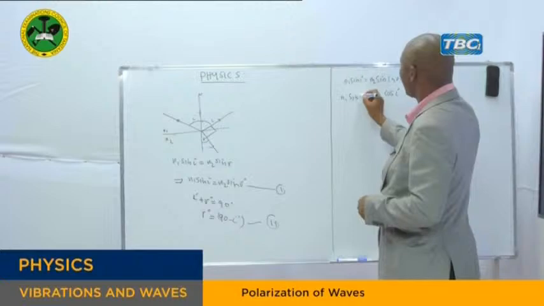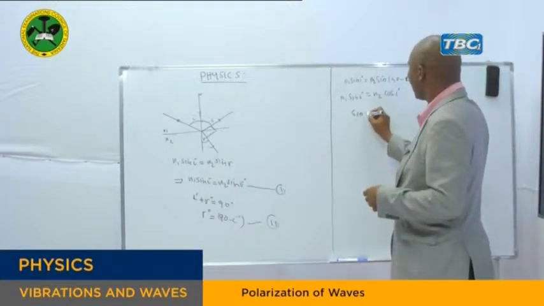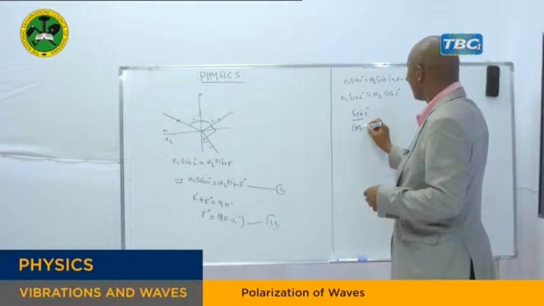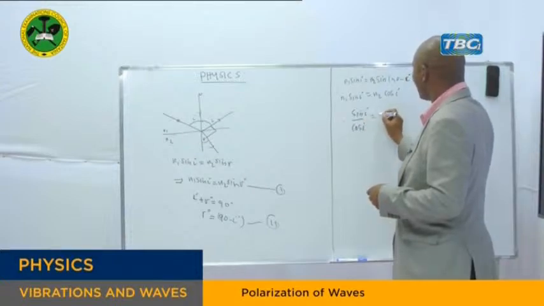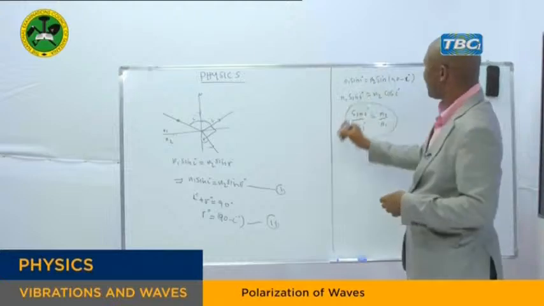So N1 sine I equals N2 cos I, and sine I over cos I equals N2 over N1.